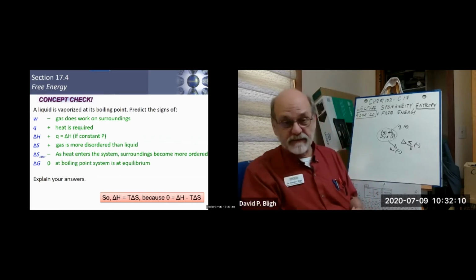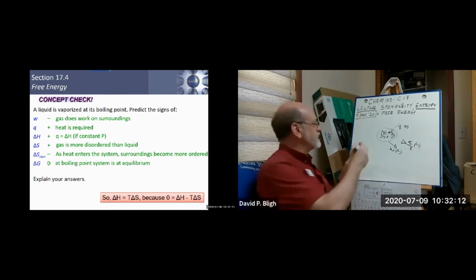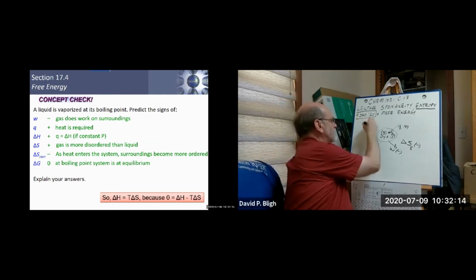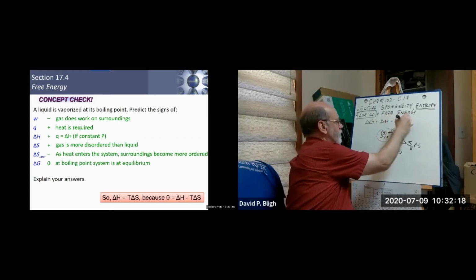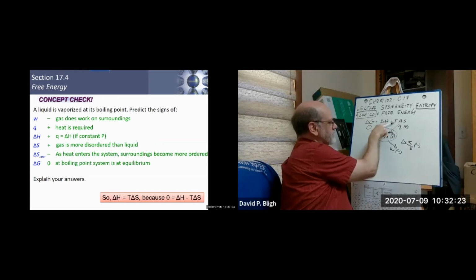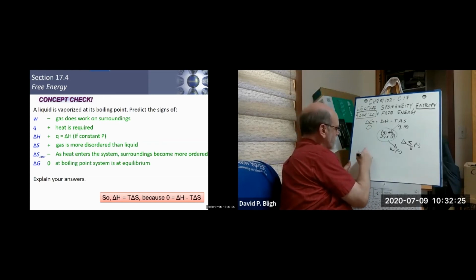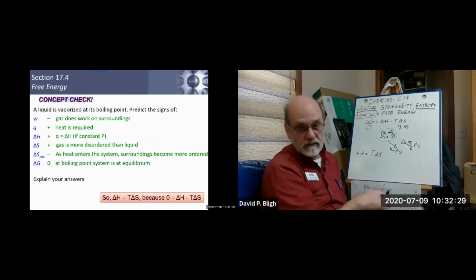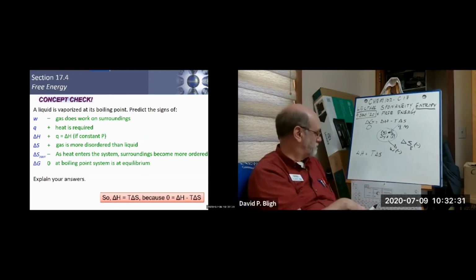In that case, if we say that delta G is 0, if this is 0, then delta H is equal to T delta S. Right?